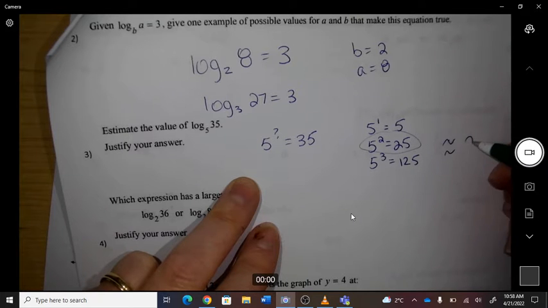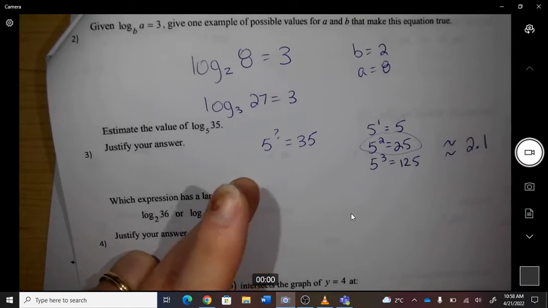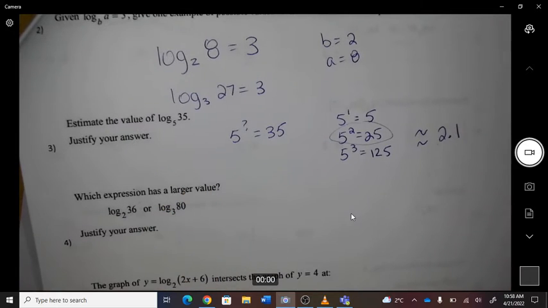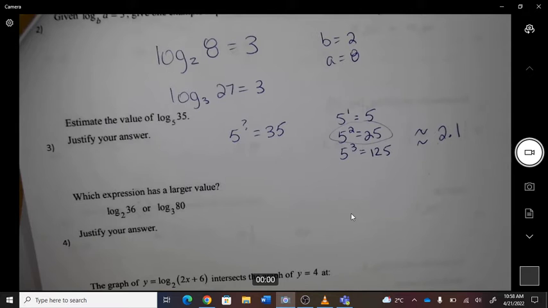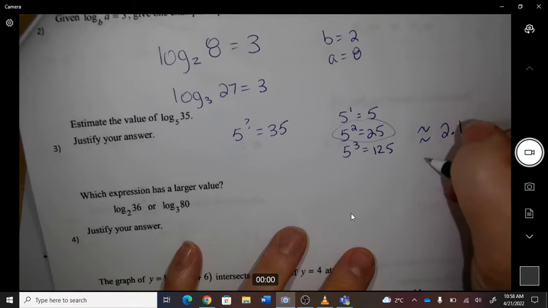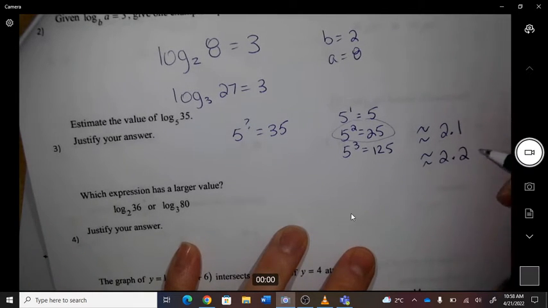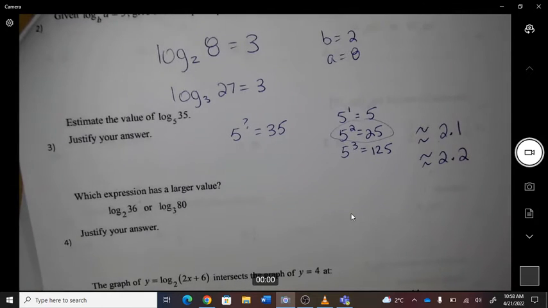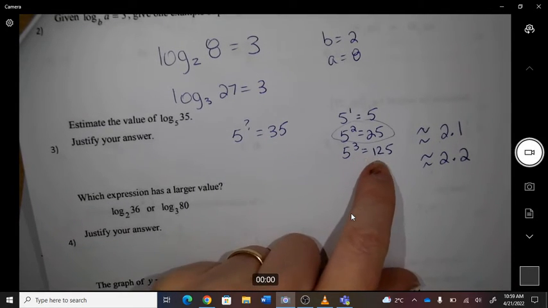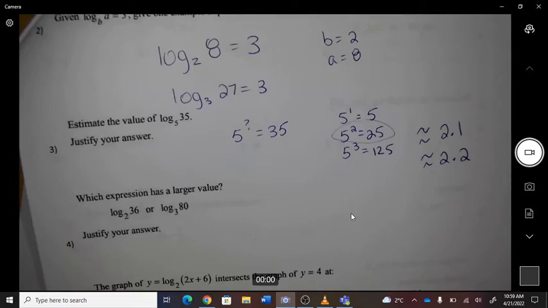So about a 2.1, something like that, 2.2. Any of those kinds of guesses would be fine. Do not go over the halfway mark because then you're thinking closer to that, which it isn't.